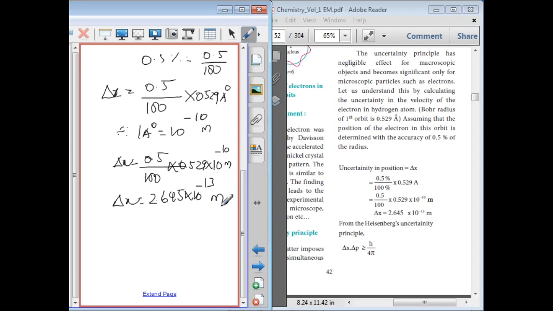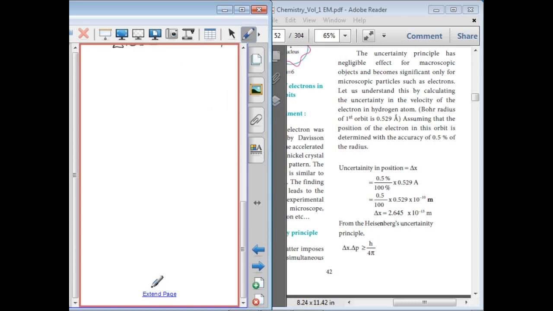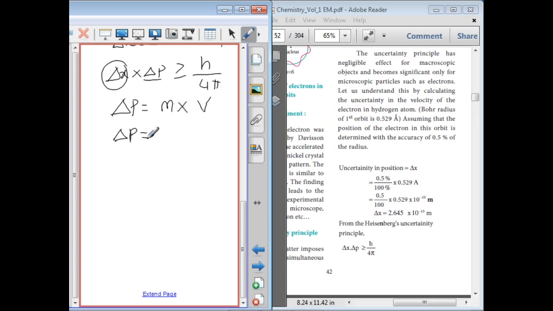So next, what are we going to calculate? The uncertainty in velocity. The formula: delta x multiplied by delta p is greater than or equal to h by 4 pi. We have already calculated delta x. Delta p is momentum, equal to mass into velocity, so delta p equals mass into delta v.